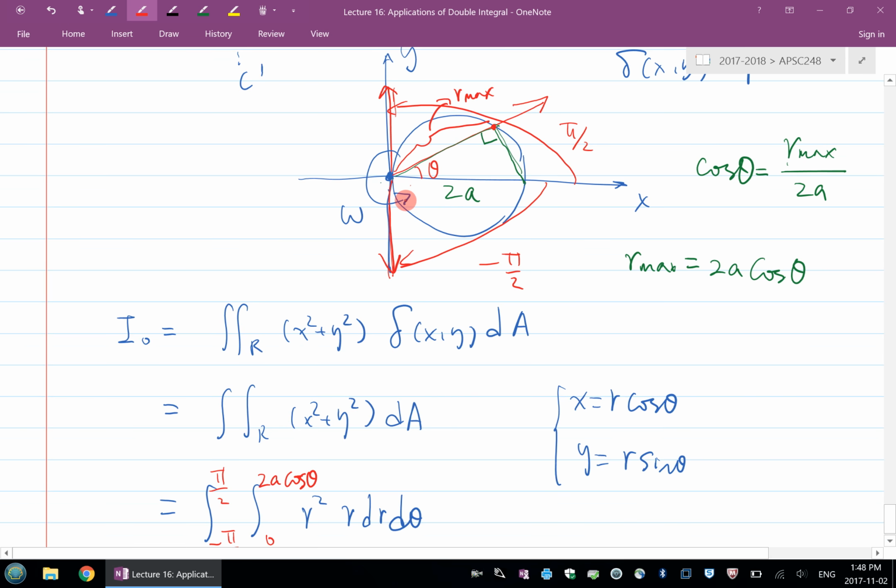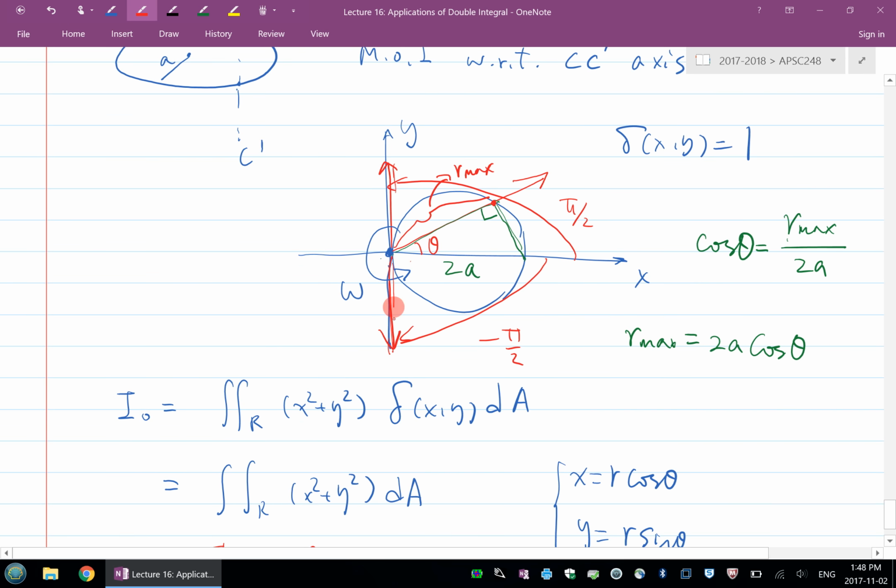Now, if you want to be consistent, let's say for this particular vector, how do I count the angle? I could count it like this, all the way from the beginning to the end. From here to here, how much angle? Yeah, that's right.